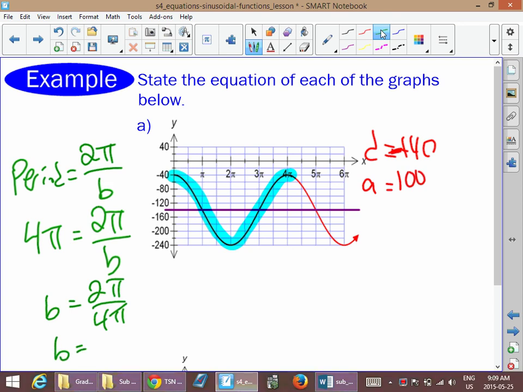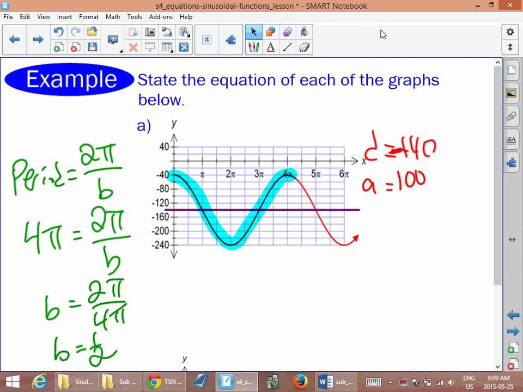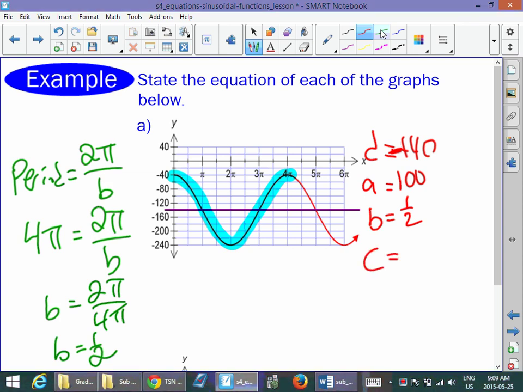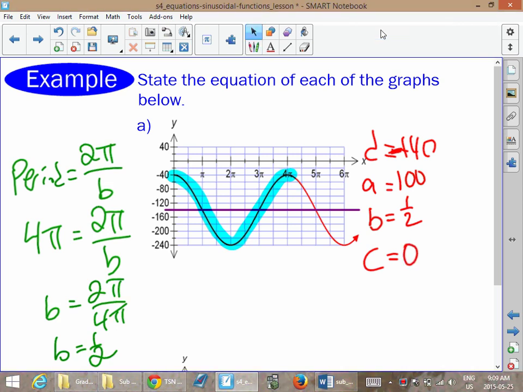So b is going to be a half. And c, like I said, is dependent on whether we're looking at this as a sine or a cosine function. If I look at this as a cosine function, then c is actually 0 because it starts exactly where the cosine curve starts.